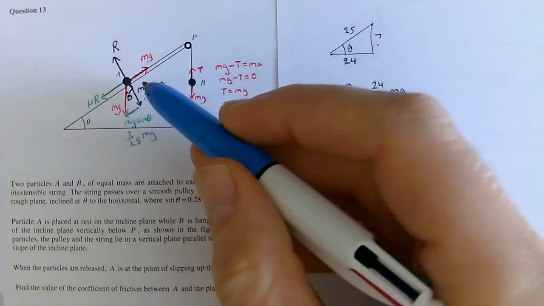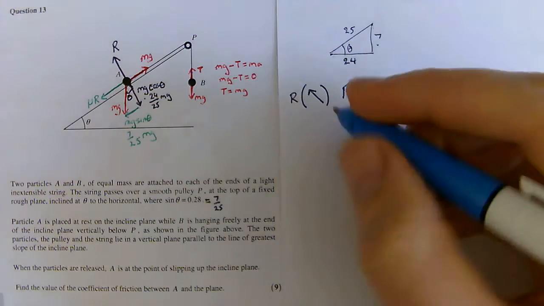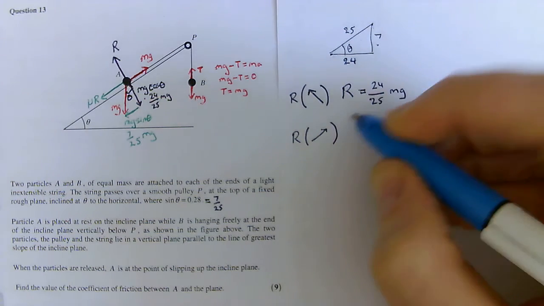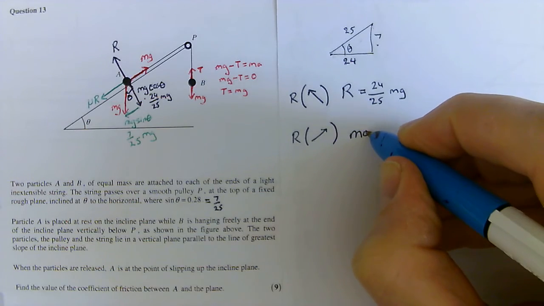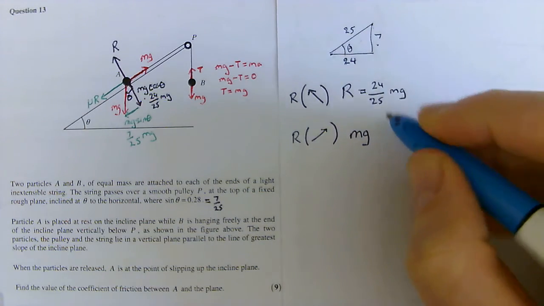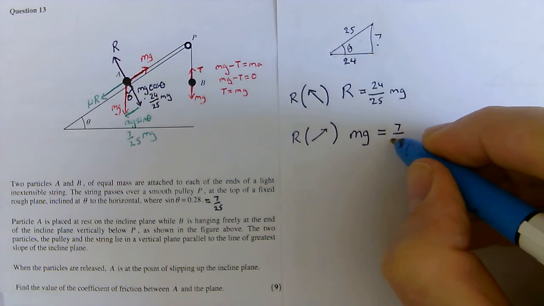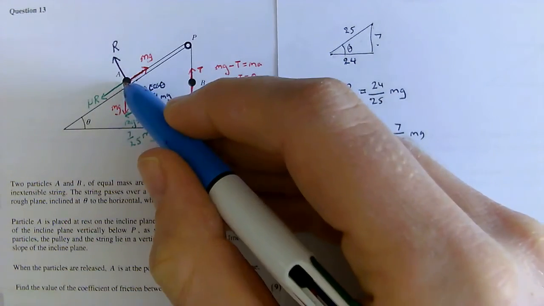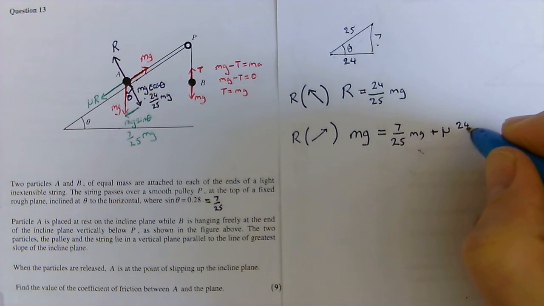And then I'm going to look at my parallel to the slope, and I know if I'm going up the slope, I can say that mg equals 7 over 25 mg, which is down the slope, plus mu times 24 over 25 mg.